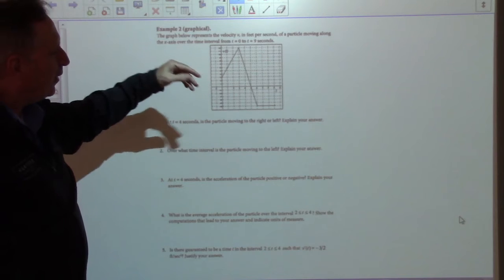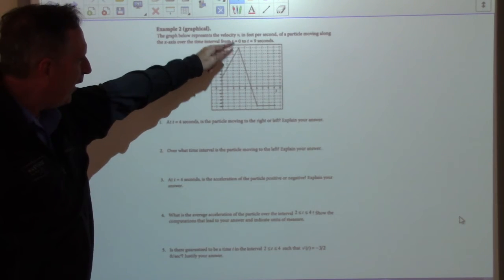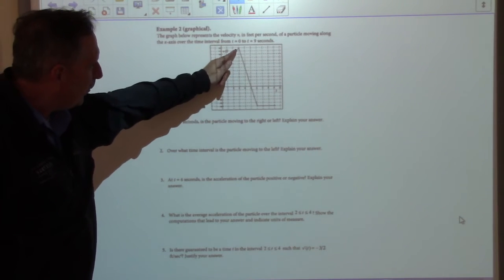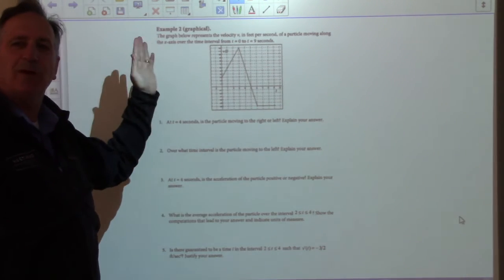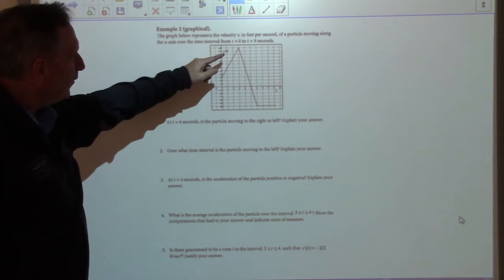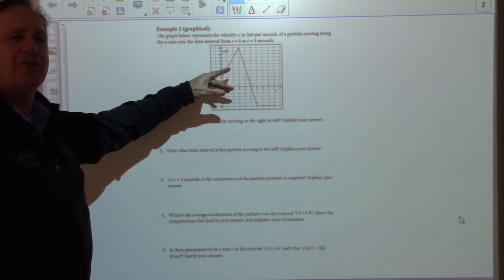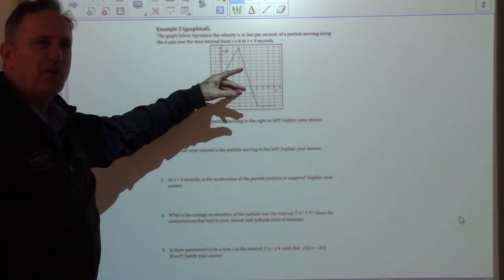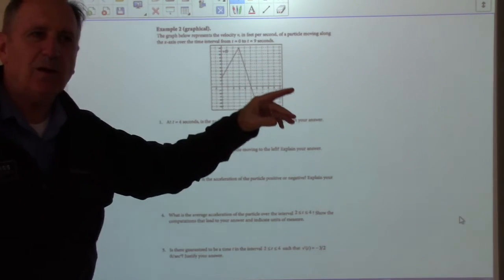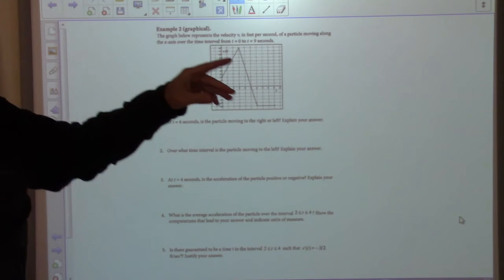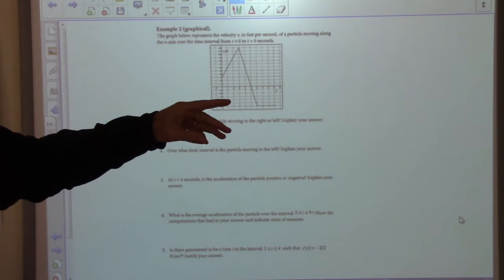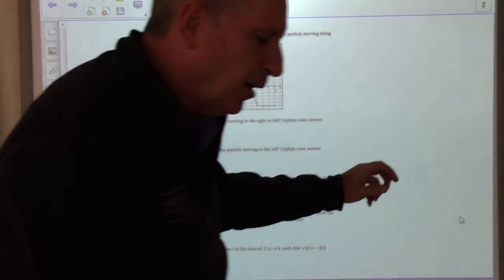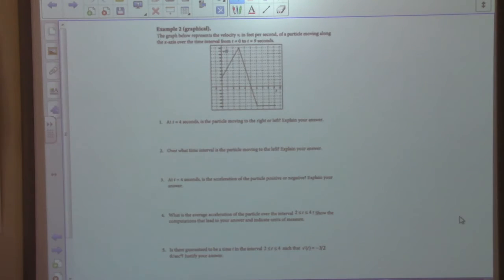Now, here's the thing, it's really a deceiving question. If this was a position function, then the velocity would be going that way. But this is a graph of velocity. If I'm a particle moving along the line, and I go like this, I'm speeding up, and then I slow down like this.